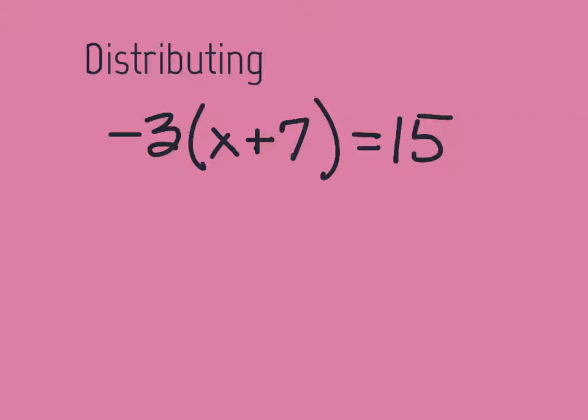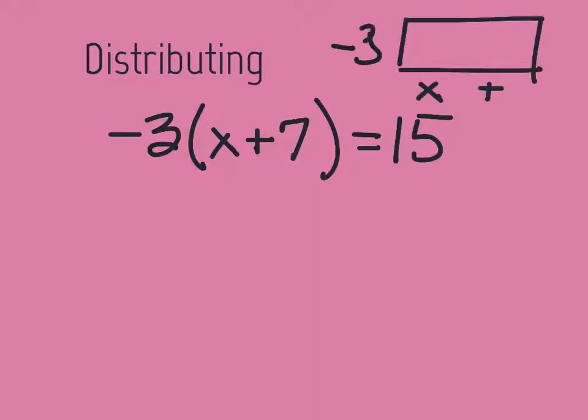So this equation, we're still looking for what the value of x is, and yes, you can guess and check it, but let's move toward using other skills as well. In this case, we can distribute. For those of you that like to think of a generic rectangle, we're going to set up just a 1 by 2 rectangle, because we only have a monomial times a binomial.